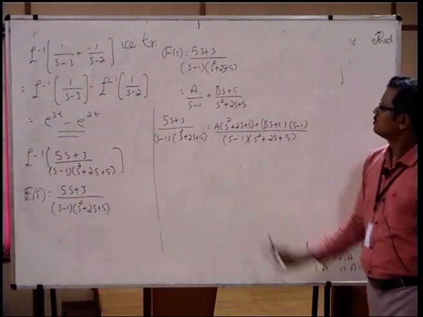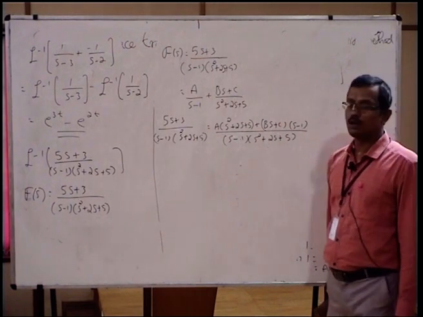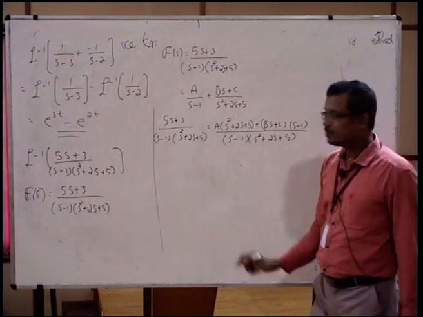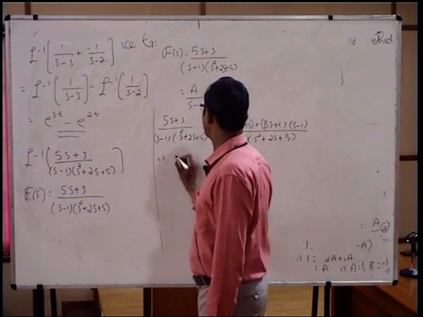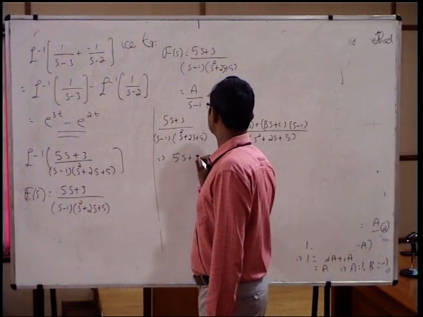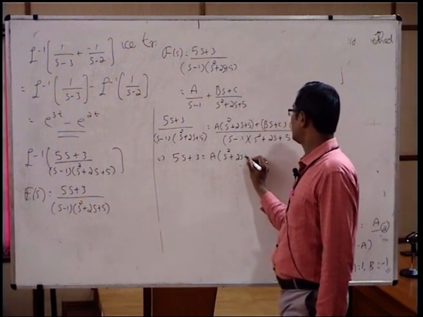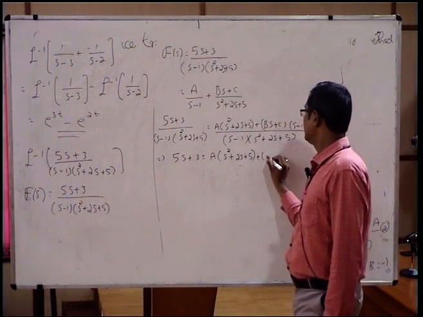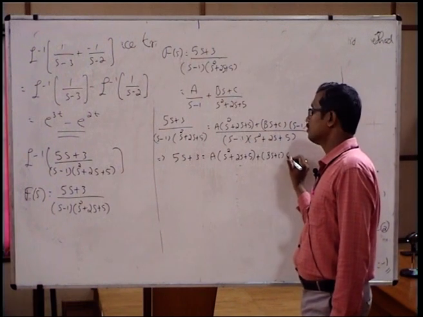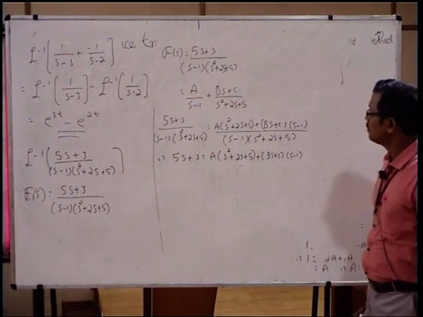Now since the denominators are equal on both LHS and RHS, we can equate the numerators: 5s plus 3 equal to a into s square plus 2s plus 5 plus bs plus c into s minus 1.